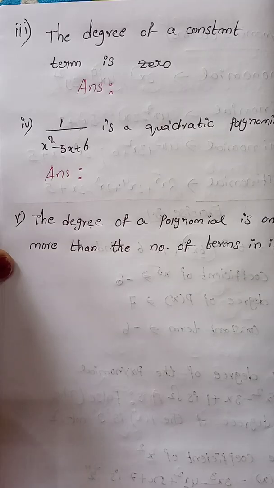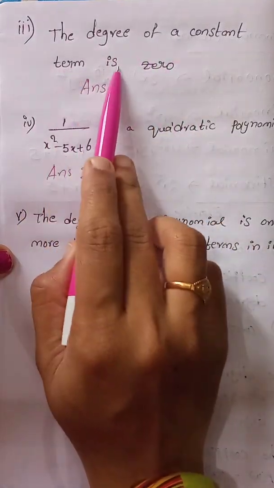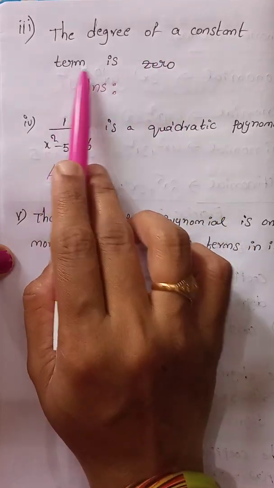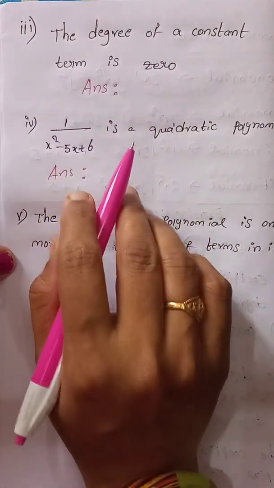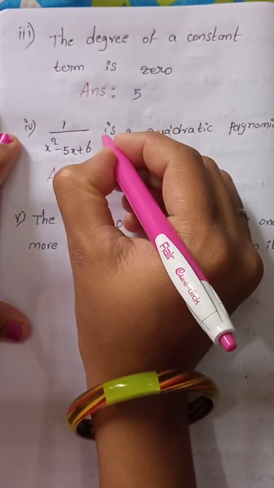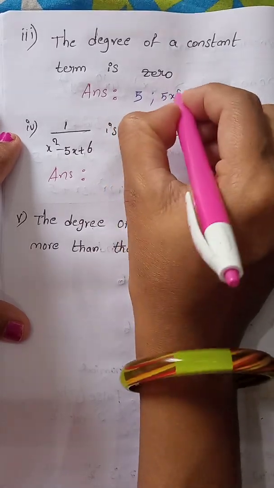Now move on. Now the third bit: the degree of a constant term is 0. Let's take any constant number, for example, 5. So 5, we can write it as 5x power 0.